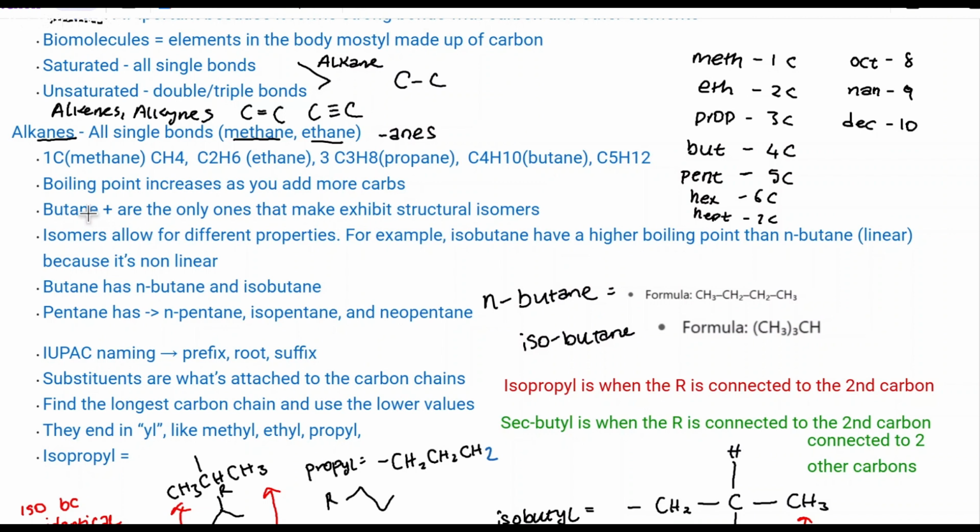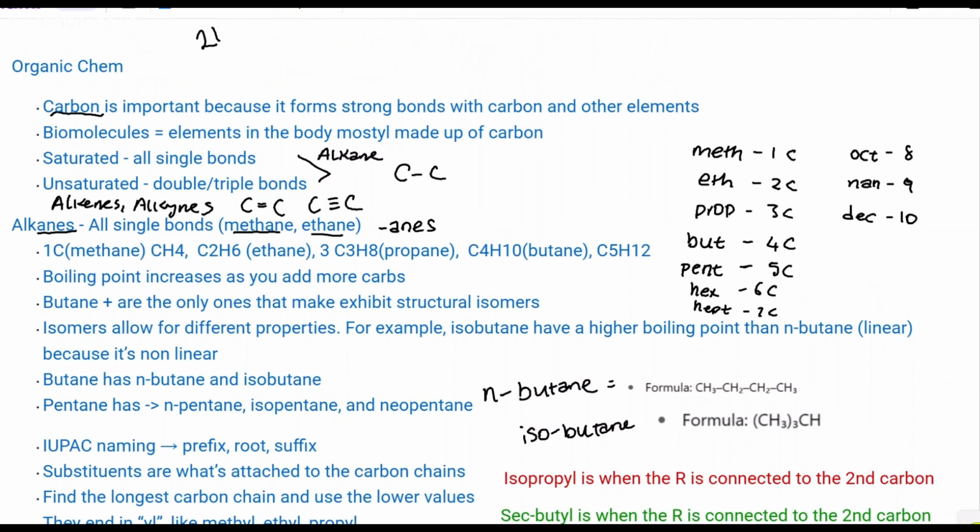Butane and larger alkanes are the ones that exhibit structural isomers. Methane obviously can't have a structural isomer because it has only one carbon. A key thing to remember is that in all of these, the carbon has to have 4 bonds, and the chemical formula is CnH2n+2.